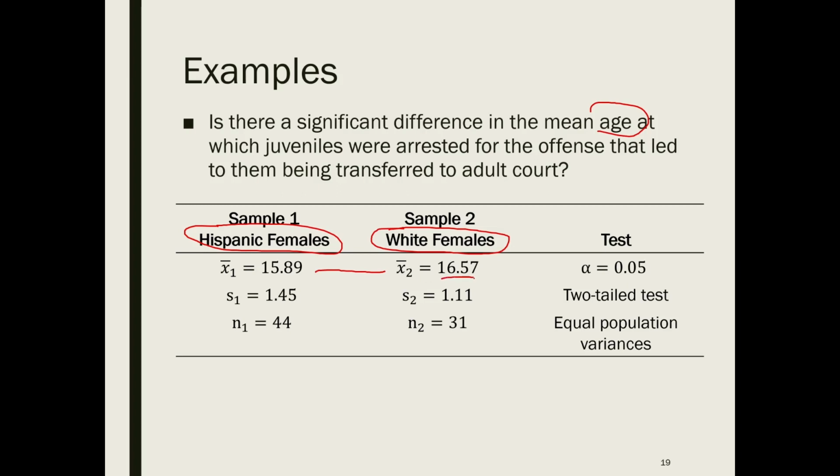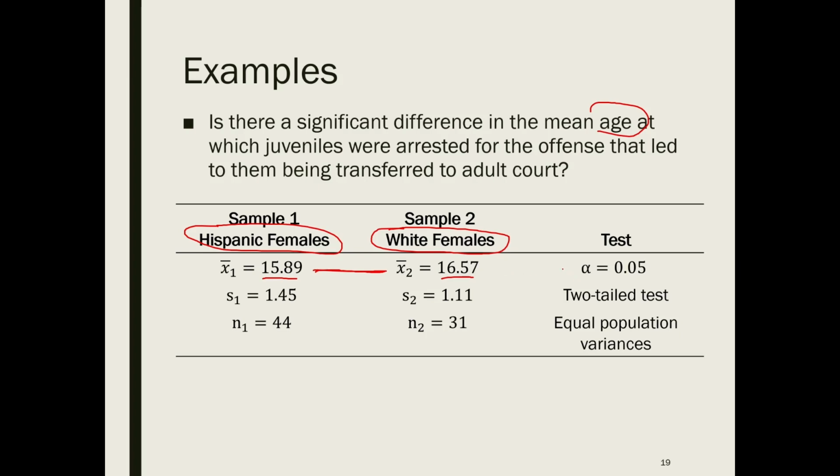One is almost 16.5, the other is 15.9. You can see the absolute difference here, but is this a significant difference? Remember, in stats we are not looking at the absolute difference. We are looking at whether this difference is statistically significant. So to see this, we have to use the t-test.